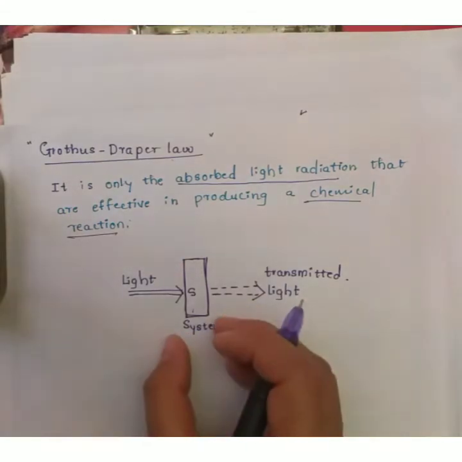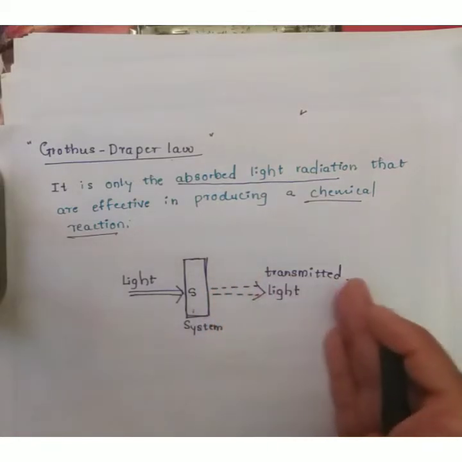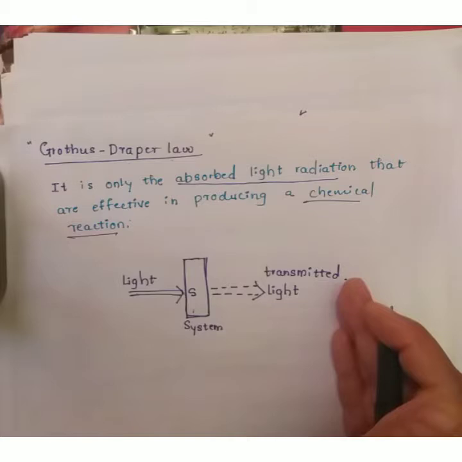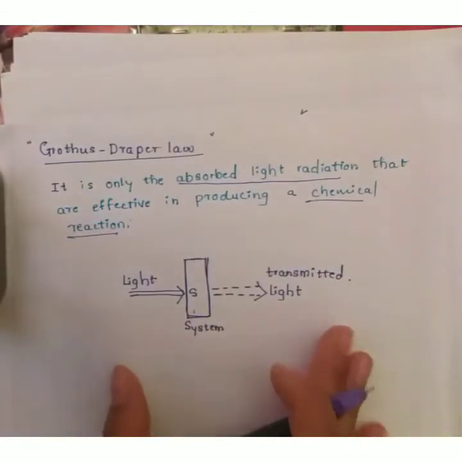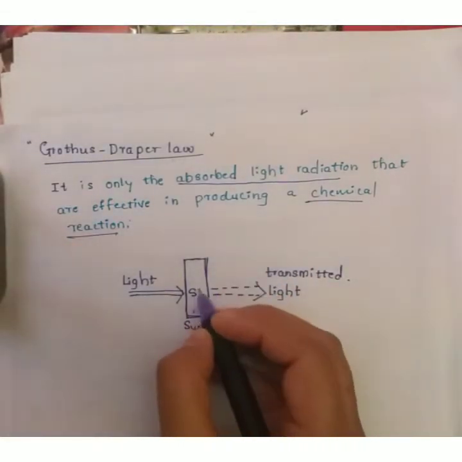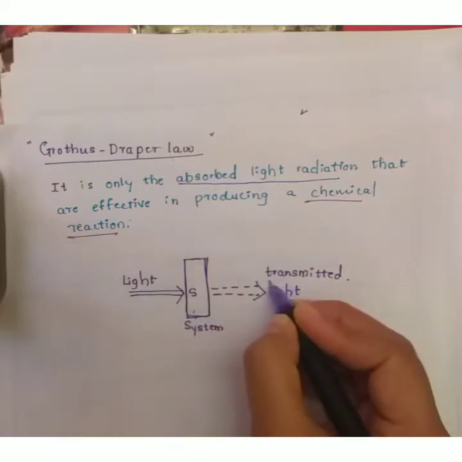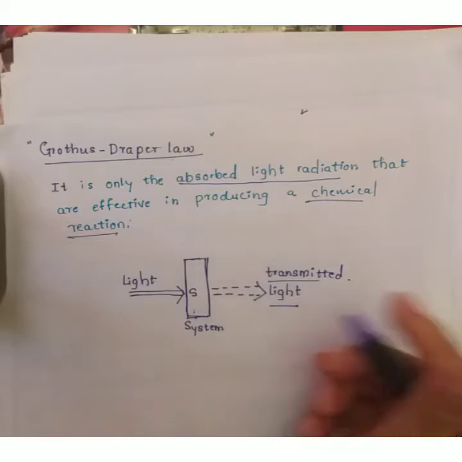After absorbing some amount of the light, the remaining light is transmitted or reflected back. Such a statement is stated by this law: only the absorbed component of the radiation is capable of producing the reaction, whereas transmitted light has no effect on the chemical reaction.